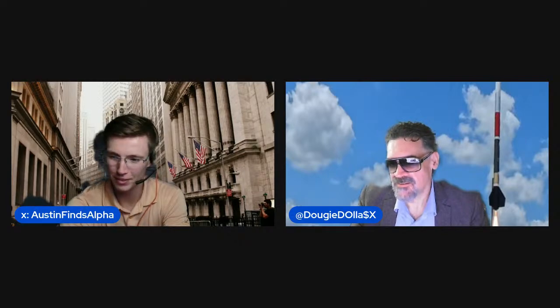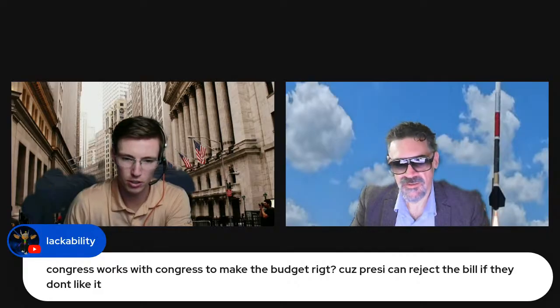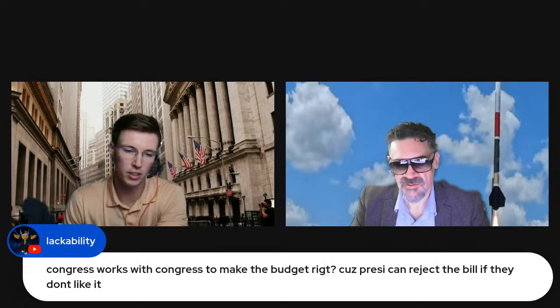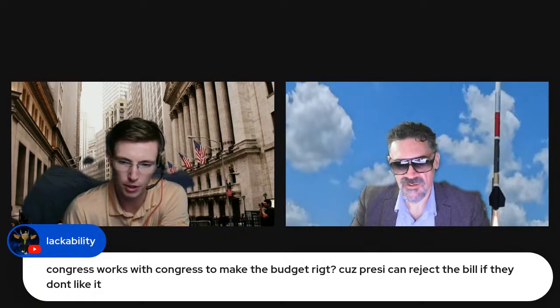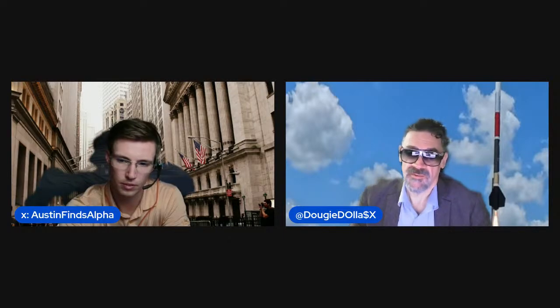Congress worked with Congress to make the budget. Yeah, so the budget is Congress. Talk about this comment here. I think that meant to say the president works with Congress to make the budget with the OMB. The president can not sign it, but once they send him a budget, that's why he's involved in it.